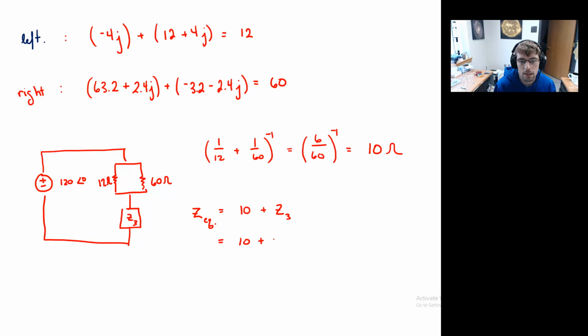I have 10 plus, and Z3 was 8 minus 24j. Or in other words, I get 18 minus 24j. There is my equivalent impedance for the entire circuit. Pretty cool, huh?